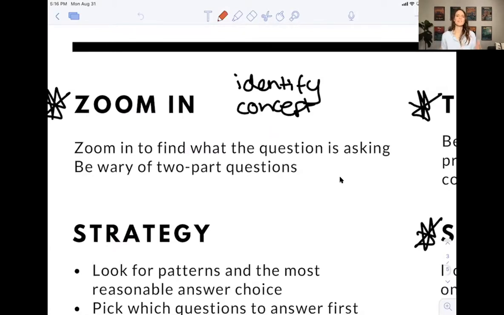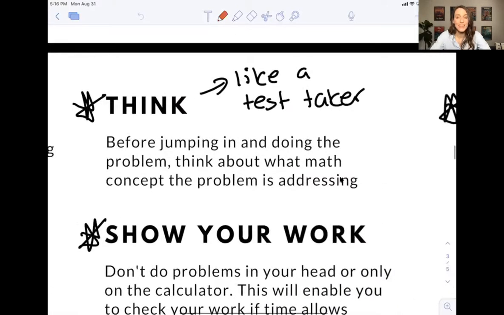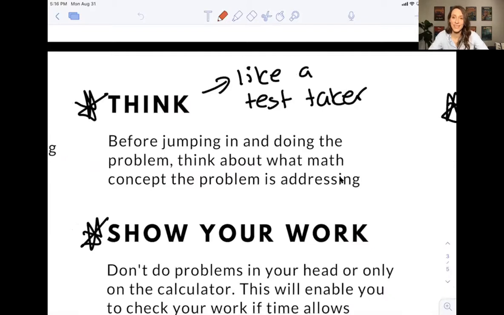And we didn't just dive into the problem and lose track of what we were going for to begin with. We also want to think before diving into the question. And this one's a big one, especially on the no calculator math section. SAT math questions, for the most part, are not designed to require a page of math.